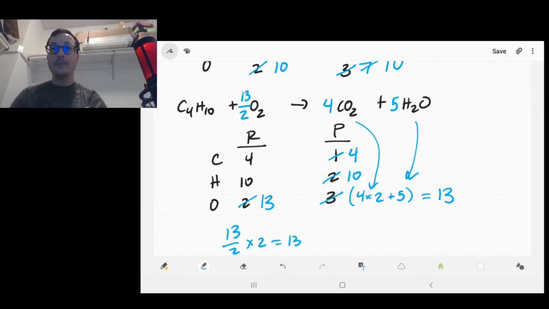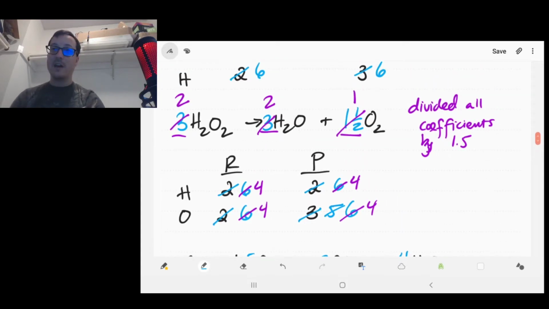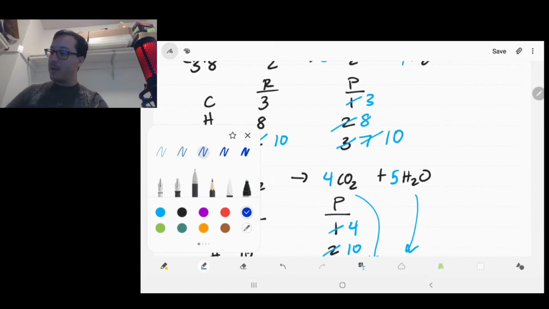Since we don't want fractions in our answer, and none of these are all divisible by the same thing, like they were in a couple of problems ago, where these were all divisible by 1.5, we don't have such luxury this time. We have 1, 13 over 2, 4, and 5. None of those are divisible by the same number, except for 1, but who cares about that? So in order to get them to integers, to get rid of the fraction this time, we'll multiply everything by 2.